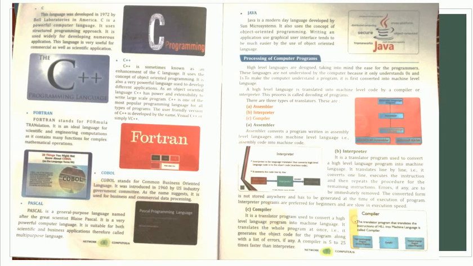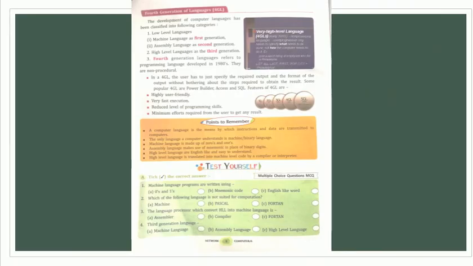So in the last page of the first chapter, we are going to read about the generations of languages. Languages are classified into the following categories. The first category is low level language.